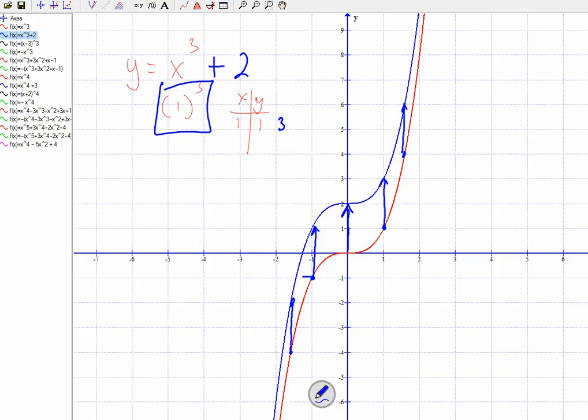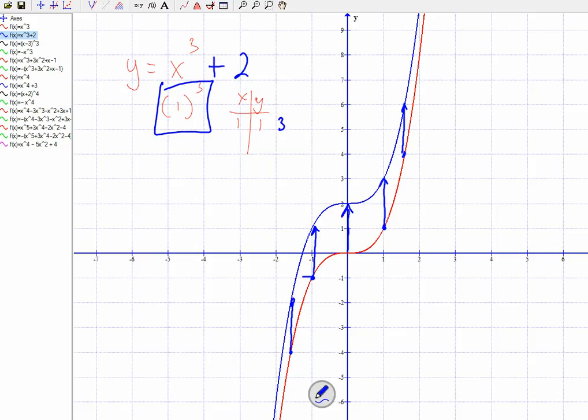Every point on a vertical line, every point of the blue is 2 more than the red, because we added 2 to every output. We added 2 to every output, made the thing go up 2. If it would have been a negative 2, we'd make everything go down 2, because we take away 2 from the output each time. So again, the input is the X value.